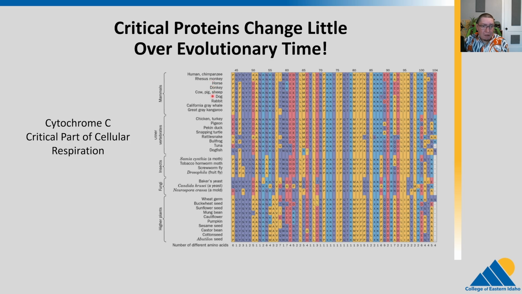Now, if we go down even further, we go down to something like a plant. You can see that, yeah, the sequence has changed, but actually not that much. That's kind of crazy, right? Like, that could be quite a long time, almost 1 billion years between our last common ancestor, and we still are very, very similar in terms of sequence there.